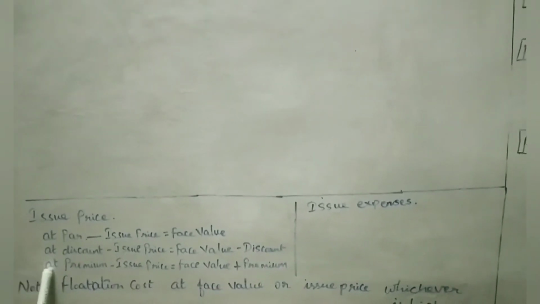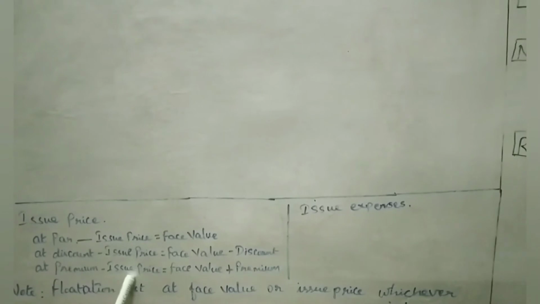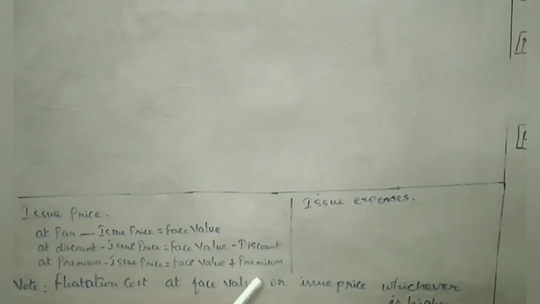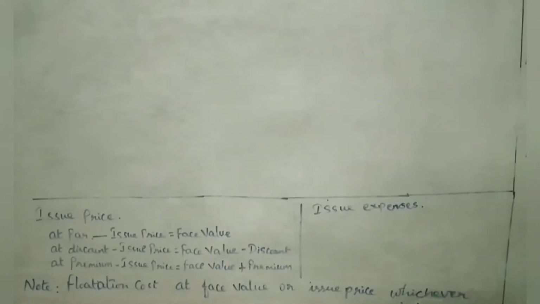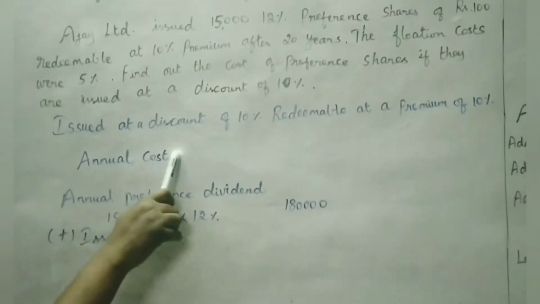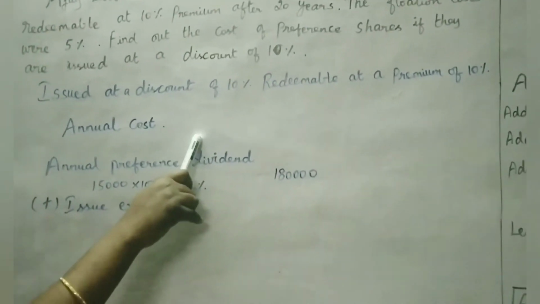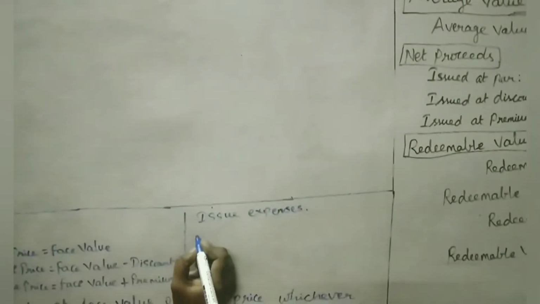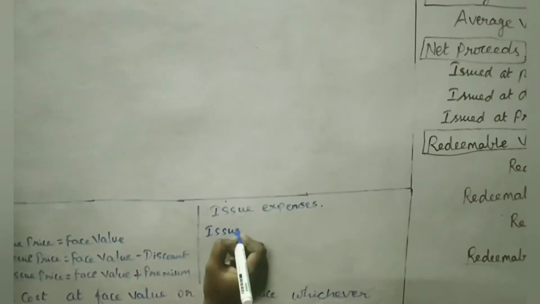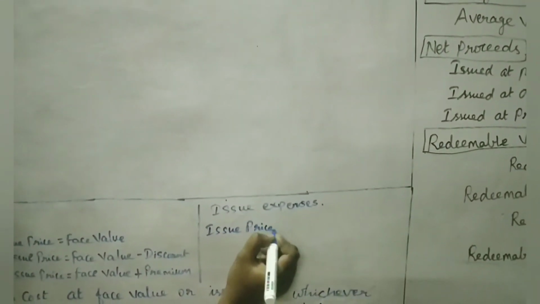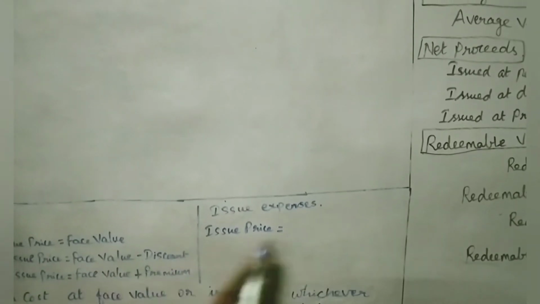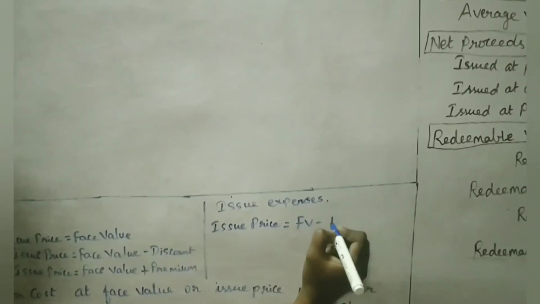When the issue is at a premium, issue price is equal to face value plus premium. In this problem, the issue is at discount of 10%. So, issue price is equal to face value minus discount.